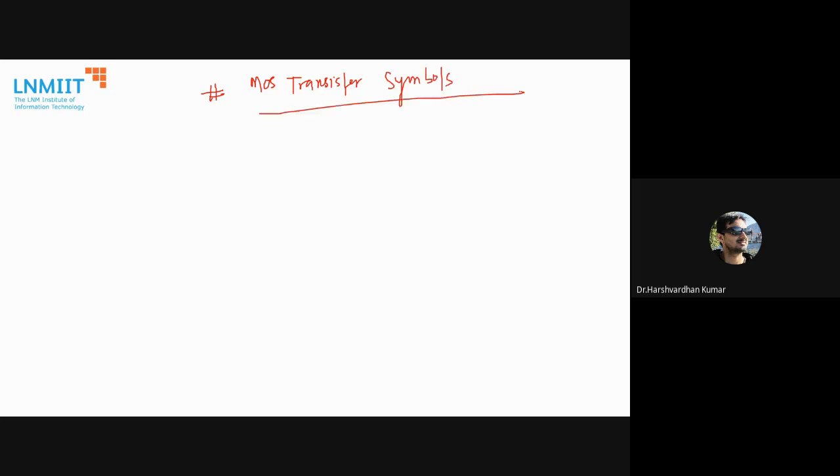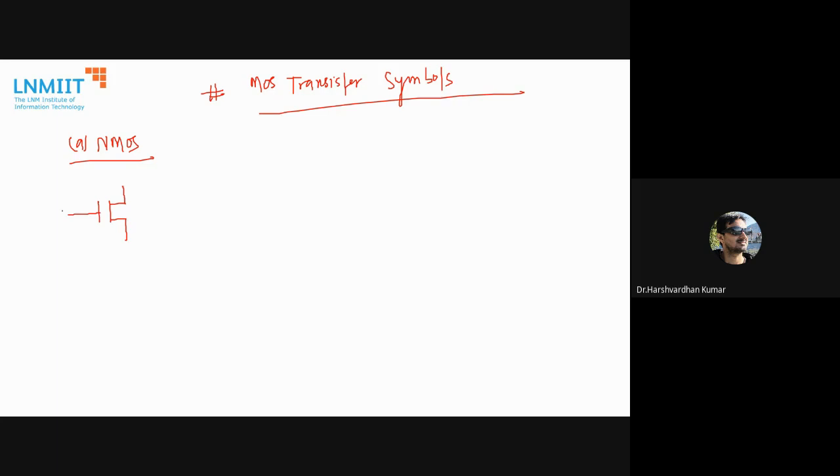By observing the symbols, you can identify whether the MOS transistor is NMOS, PMOS, or CMOS. So let us talk about the NMOS. The symbol of NMOS is like that. You just have to observe here. So this is NMOS, right?